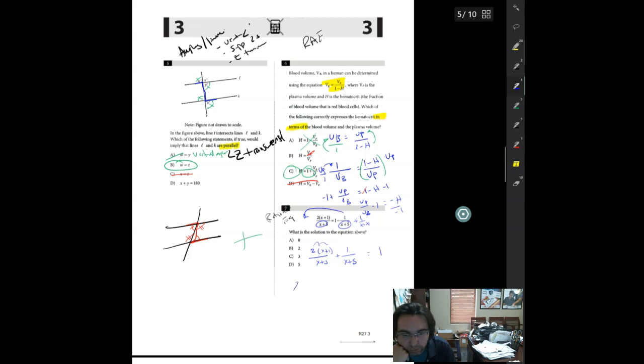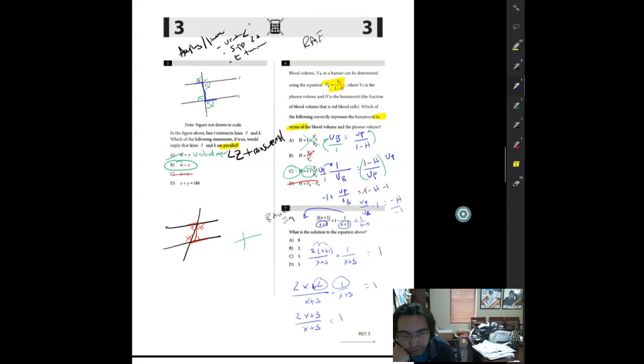So that's going to give me 2x plus 2 over x plus 5 plus 1 over x plus 5 equals 1. And then as you see, I have a common denominator here, so I can add these terms together. And so as a result, I'm going to have 2x plus 3 over x plus 5 equals 1.